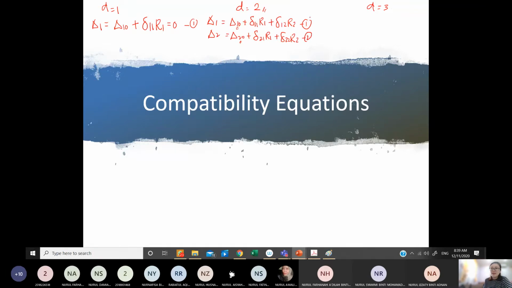How about trying together with me on this d equal to 3? Now we are going to have delta 1, delta 2, and delta 3. Can you help me, class? How to write this delta 1?